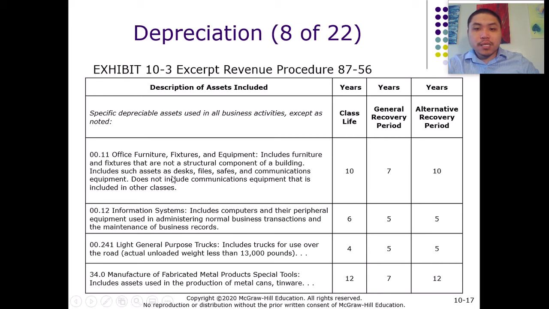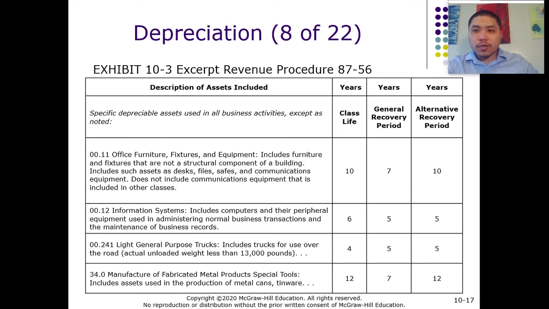For office furniture, fixtures, and equipment, the recovery period is around 7 years. For information systems, computers, and equipment, usually the general recovery period is 5 years. So this is a very detailed table.